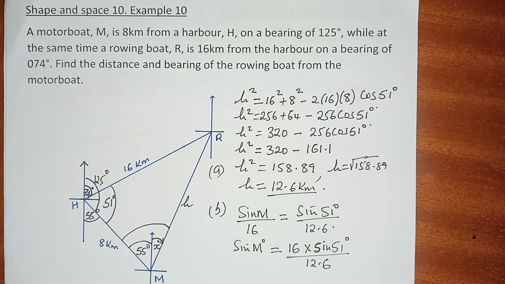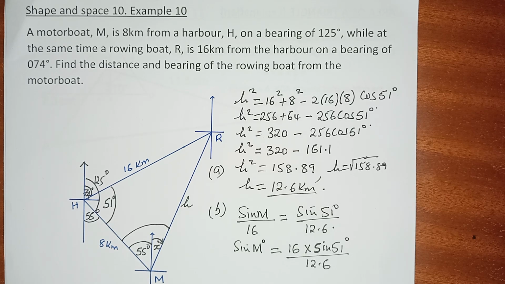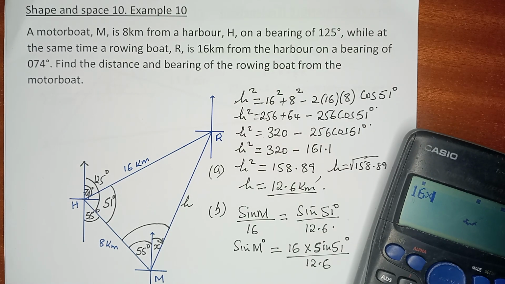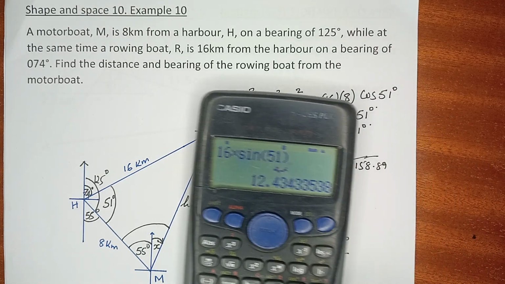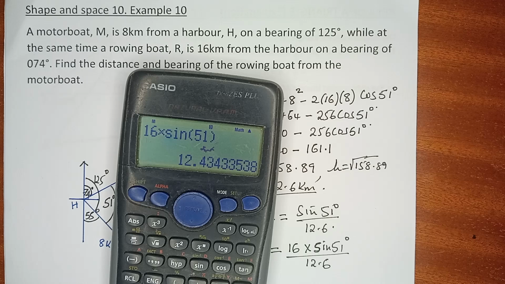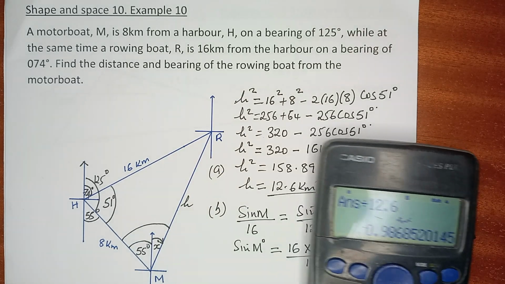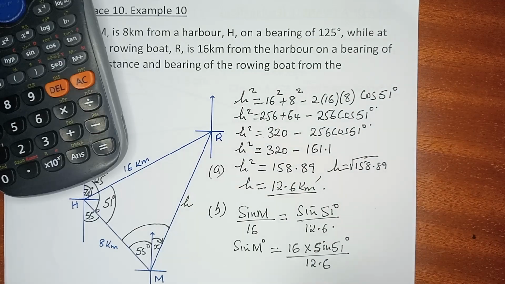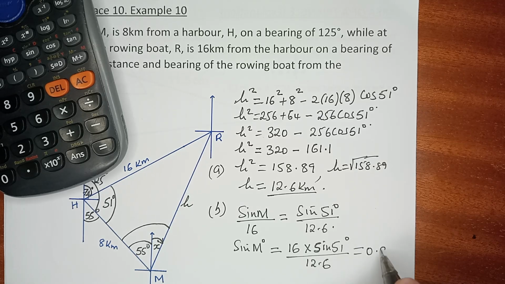Let's have it here. 16 times the sine of 51 degrees is 12.434. When we divide this by 12.6, we get 0.987. So the sine of m is 0.987.